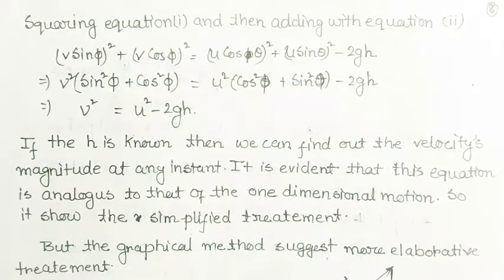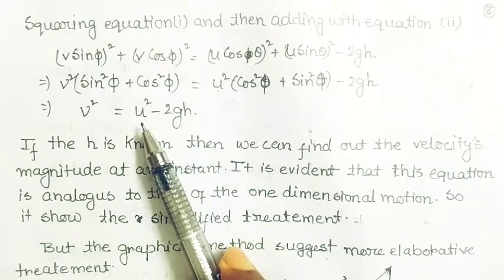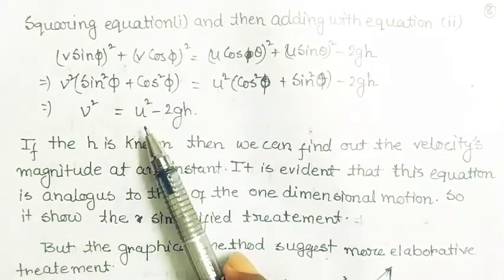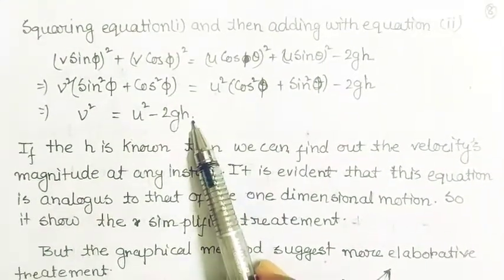I think it is clear to you, crystal clear to you. Now we can use this equation without any hesitation. So in a question, if at a certain height the initial speed is given, not even the direction of projection is required here, then you can say what the velocity is when the particle reaches this height small h.